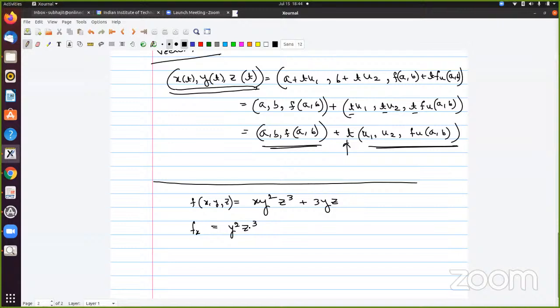So if we consider x, the y square and z cube in the first part are constant, so we write them as it is. The next term is also constant, so it is zero.